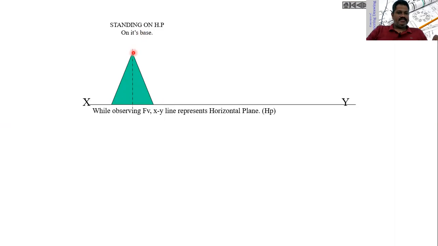I'm locating the cone in such a way that its base is resting on HP as well as its axis is perpendicular to HP. When we see this cone from the front, it is a triangle, as you can see in this figure.